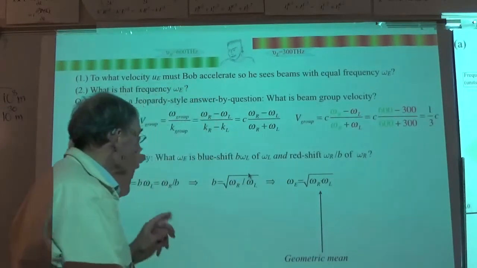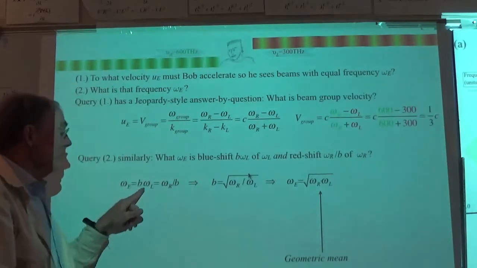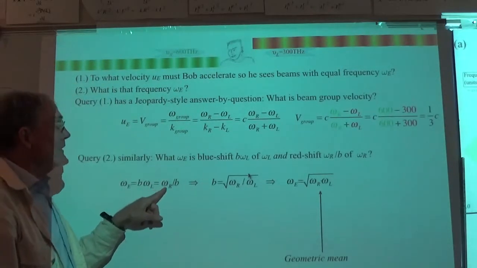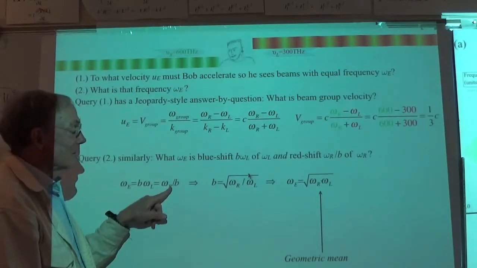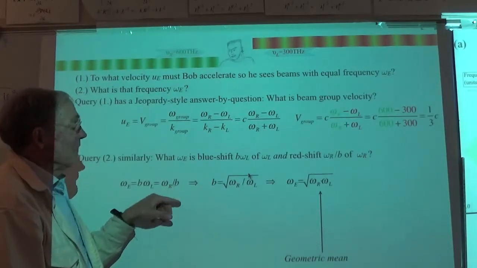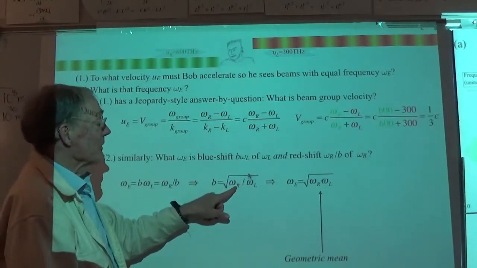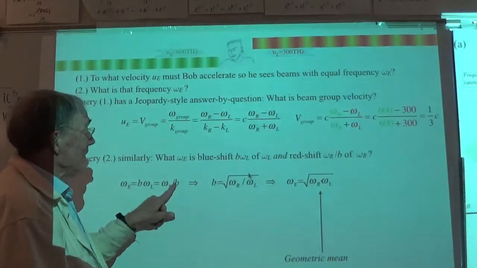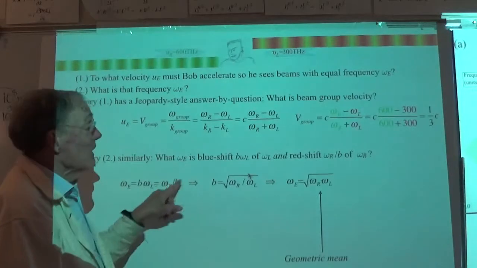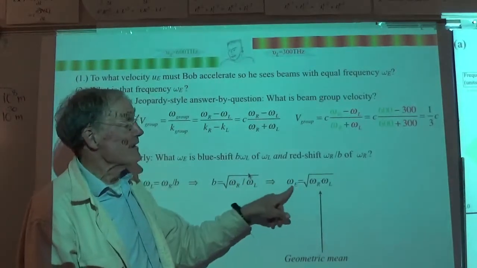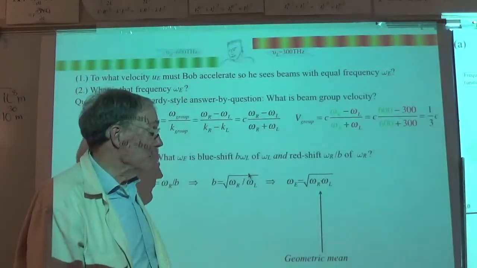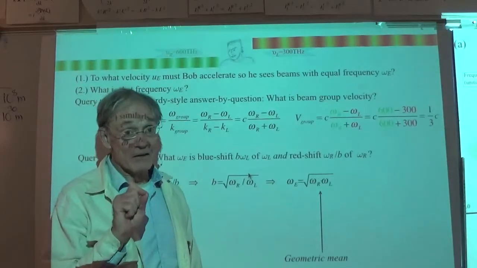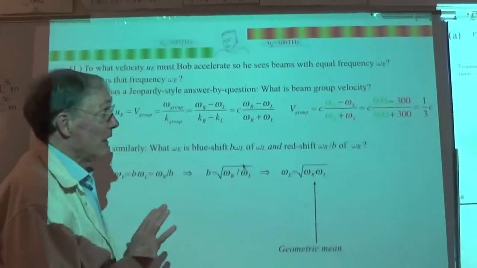So you say, I've got to have the blue shift of the L equal to the red shift of the R, okay? And that implies that you get this, but you're not done yet. I want to stick that B into there, and when I do, you get a really beautiful result. It's a geometrical mean, and we've got to play with that. That's one of the things I want to show about this.